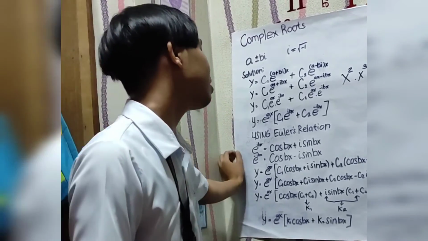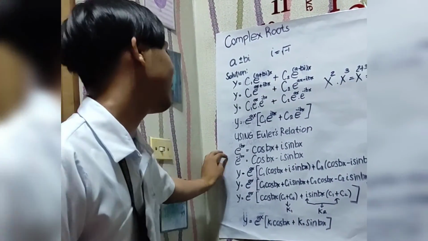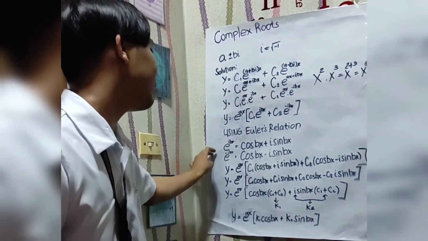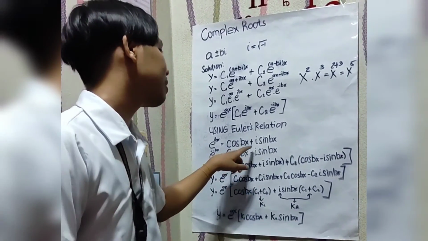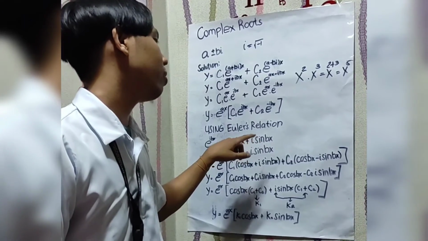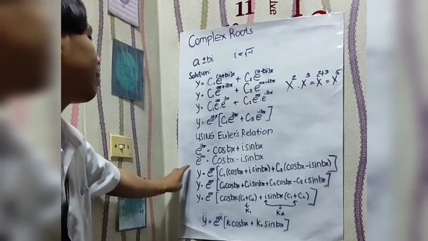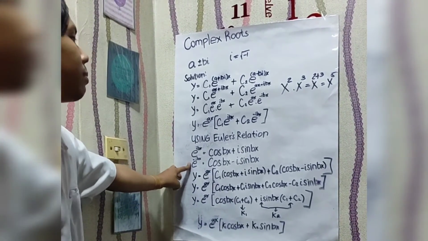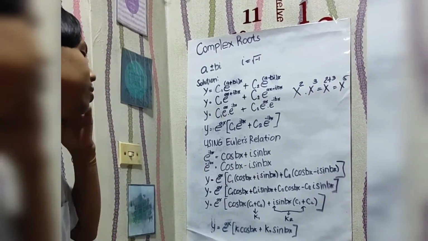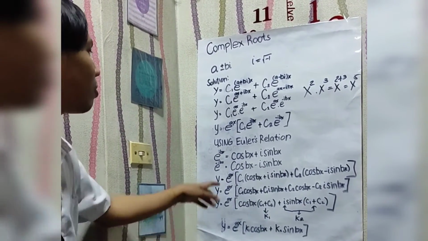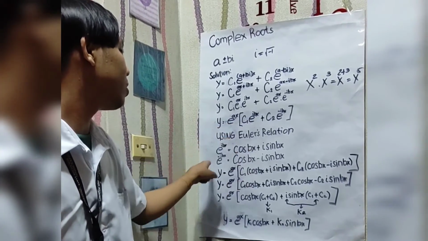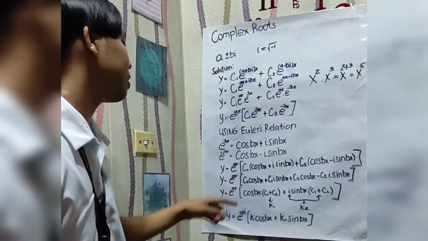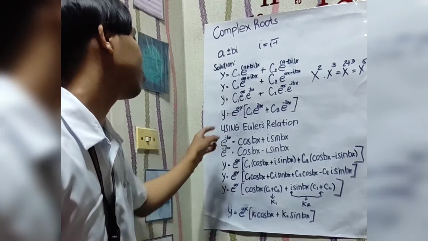Then using Euler's relation, e raised to ibx is equal to cosine bx plus i sine bx. When the exponent is negative, the sign also becomes negative here. So we will substitute this into the equation.